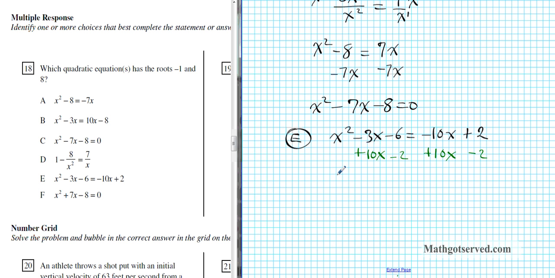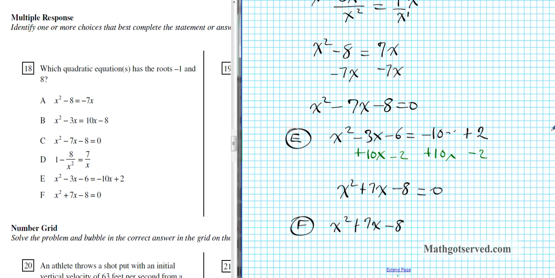All right, if we do that, we have x squared plus 7x minus 8 equals 0. Okay, and then option F matches with option E. It says x squared plus 7x minus 8.